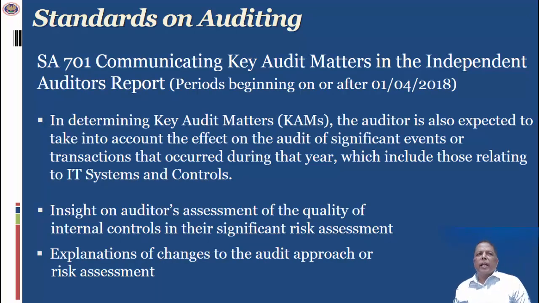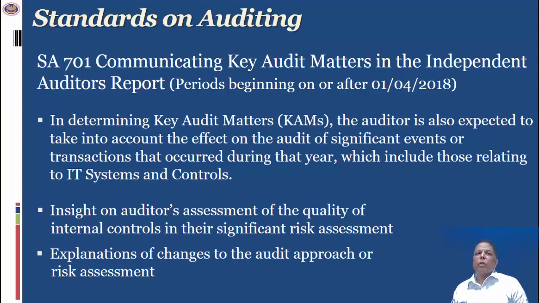A new standard coming up, SA 701, communicating key audit matters in the independent auditor's report. This begins after 1st April 2018, but we need to understand the standard very clearly. The whole format of the audit report is undergoing change, and we need to state in the audit report key audit matters, or KAMs.